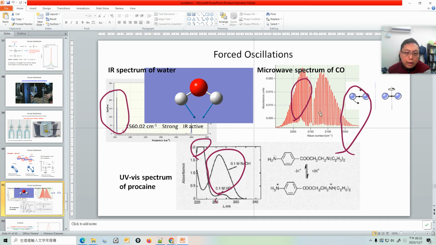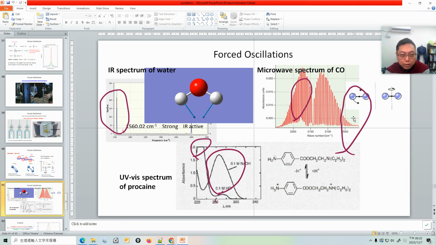So actually the resonance phenomenon not only happens in the macroscopic world, it also happens in the microscopic world.